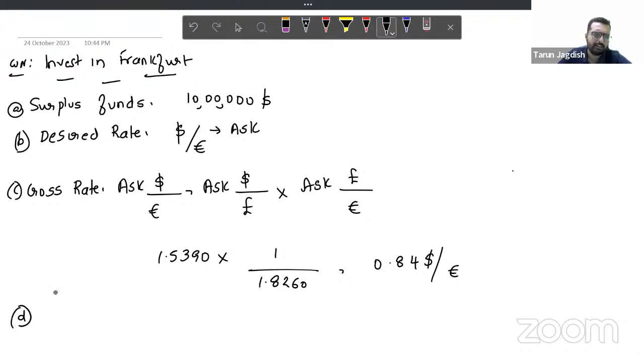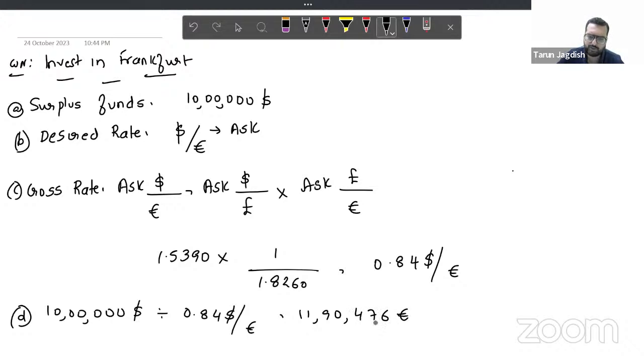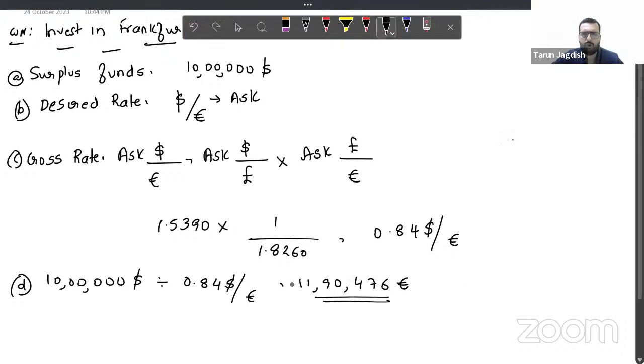So once you get this answer, what will happen? Now I will do 10 lakh dollar divided by 0.84 dollar per euro. I'll get the answer as 11,90,476 euros. All right.